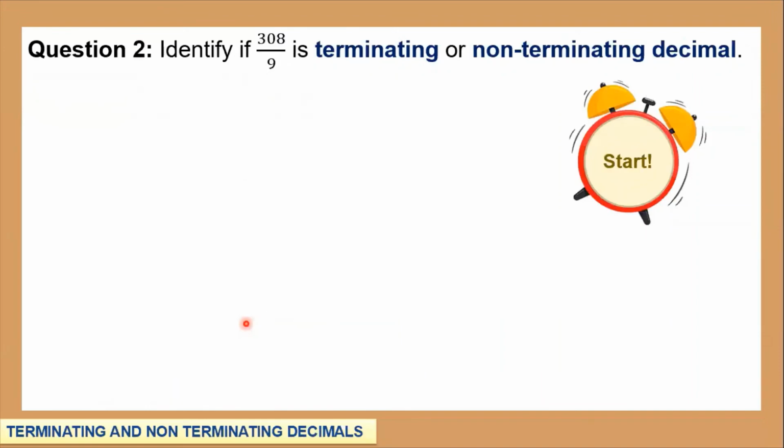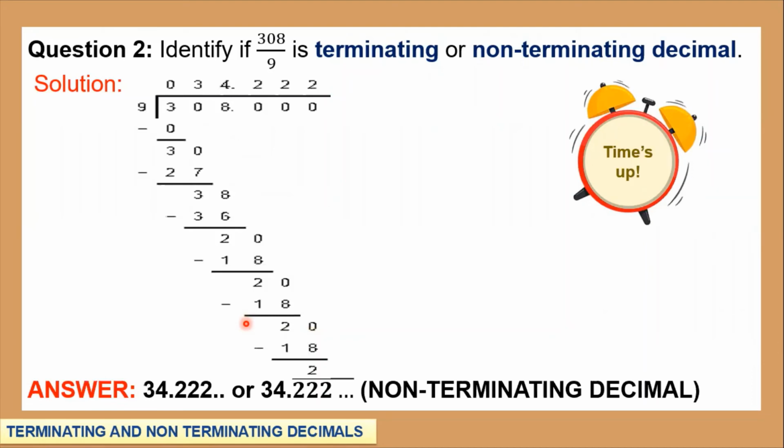Question number 2. Identify if 308 over 9 is a terminating or non-terminating decimal. For the solution and answer, we have here 34.222, with a bar over the digits 222, since we want to indicate that the 2 repeats itself.